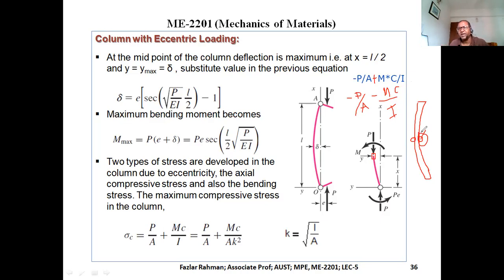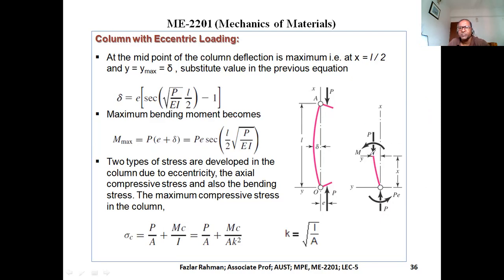So if it breaks or cracks, it will start from the inner side. There is the maximum stress. So what we did, we just think of this as a positive bending moment, and compressive force is also positive. That's why we don't put the minus sign.